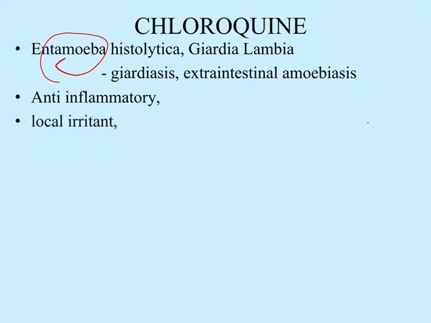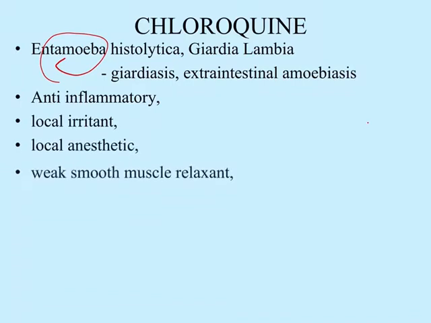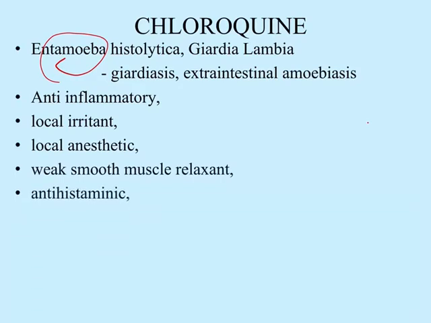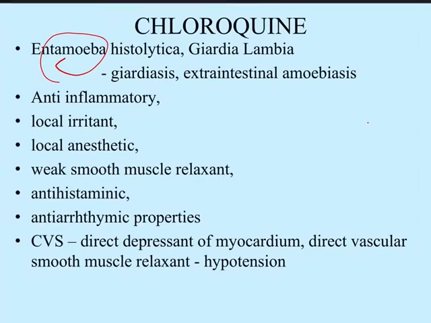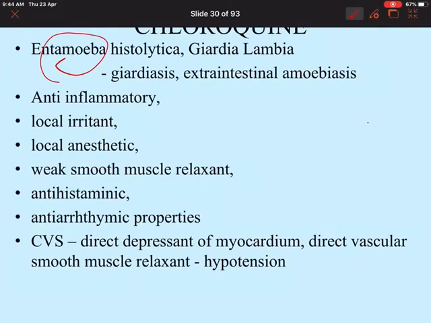Also, it has anti-inflammatory property, hence we use it in rheumatoid arthritis. It is a local irritant, it has a local anesthetic property, a weak smooth muscle relaxant property, a minor antihistaminic role, and it also has anti-arrhythmic properties. If this drug is directly injected, it can depress the myocardium, also causing hypotension.